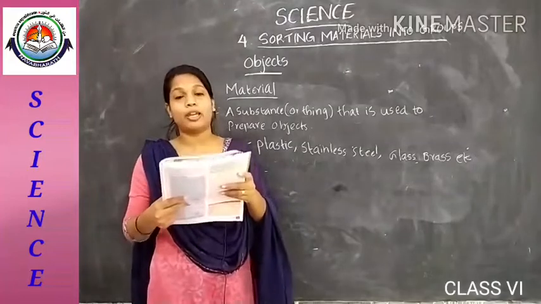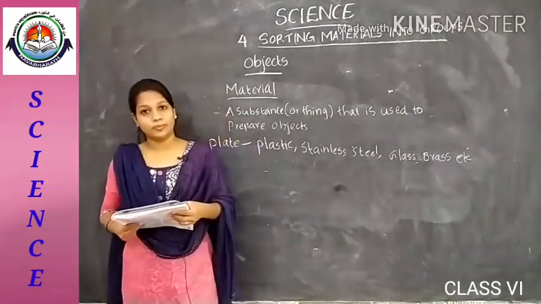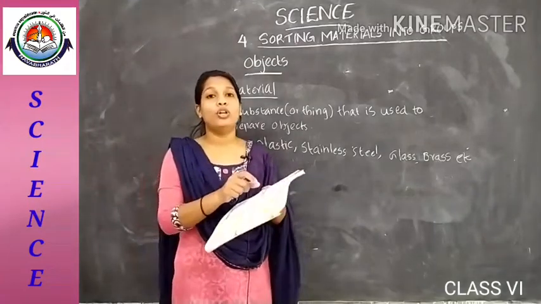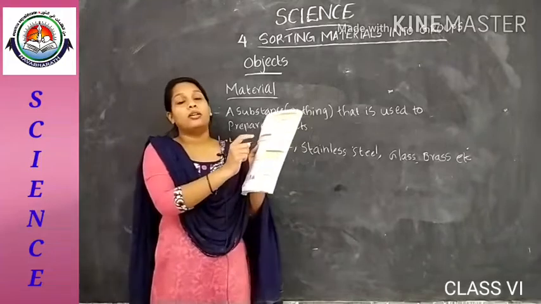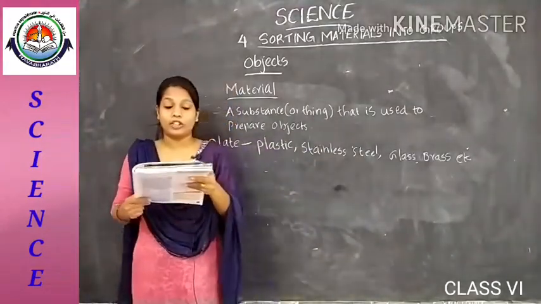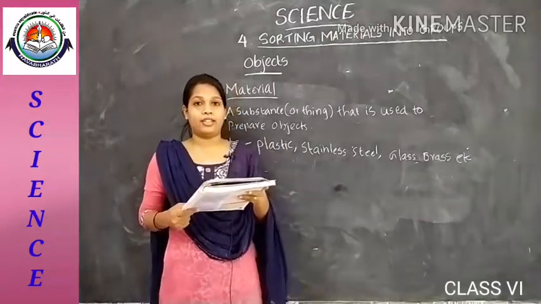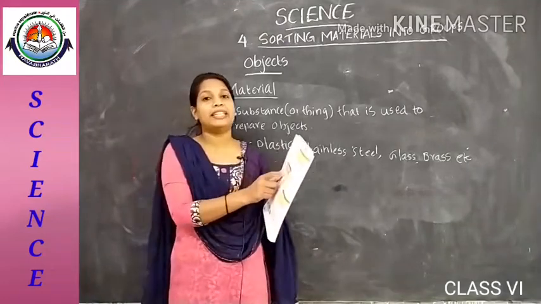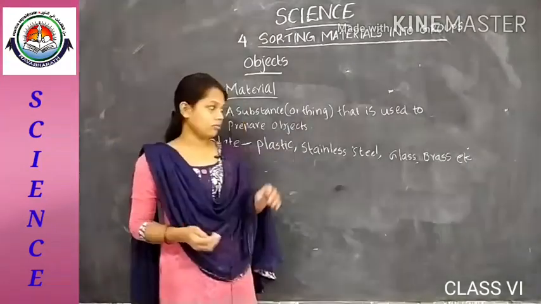So, chair can be prepared from plastic, wood, etc. And you have to write the rest of the objects and the materials they are made of. So there is provided clothes, coins, utensils, shoes, pen. So you have to complete the table, that is activity 2 in your textbook.